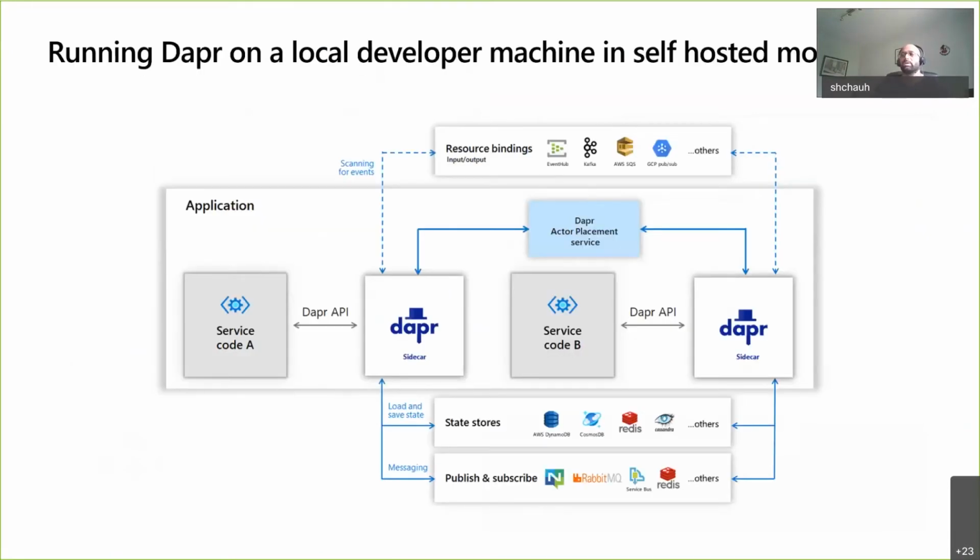Now, let's talk about what happens when I run Dapr as a sidecar in the self-hosted mode. This slide shows that I have two services, service A and service B. This is the sidecar for service A, and I'm accessing all the functionality provided by Dapr by making calls to my local endpoint for this service. This service is making use of the state management building block, where you can use any state store, say Redis, Cassandra, DynamoDB, or Cosmos DB.